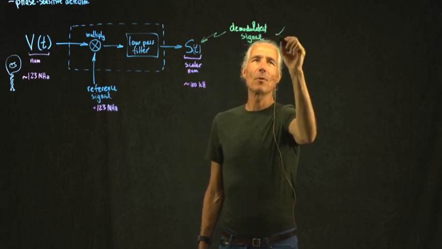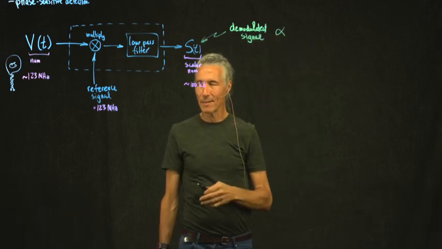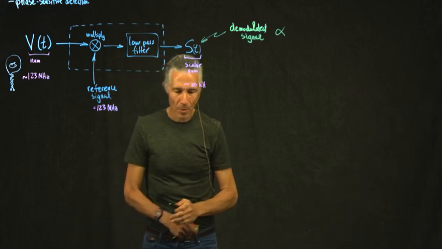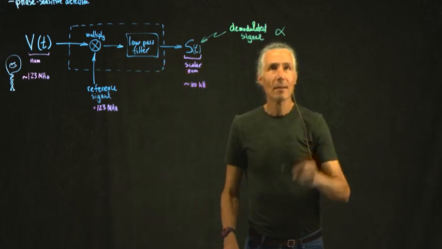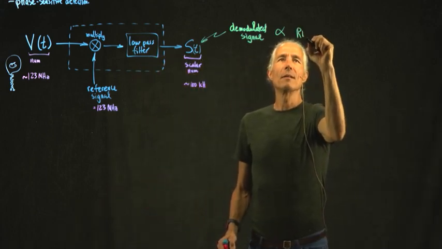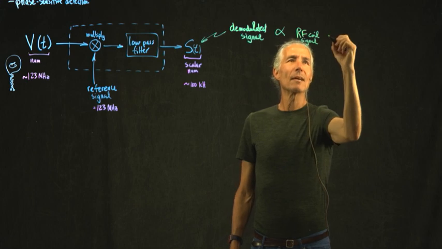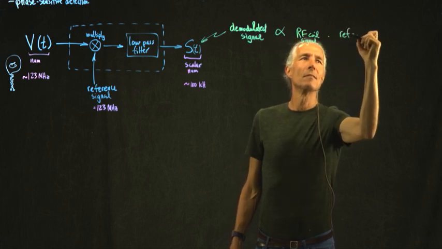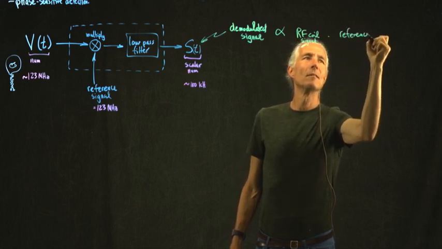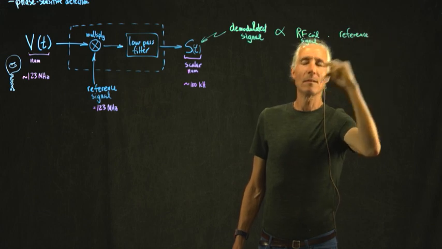The demodulated signal is proportional to, there are some constants in there we don't have to worry about, basically the RF coil signal times the reference signal. And what is the reference signal?